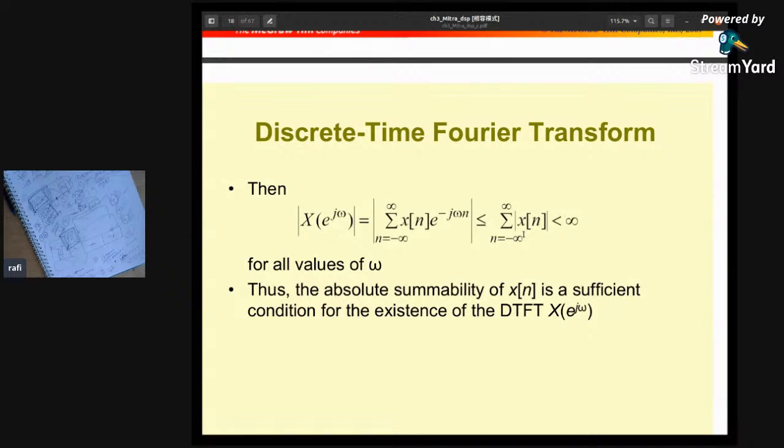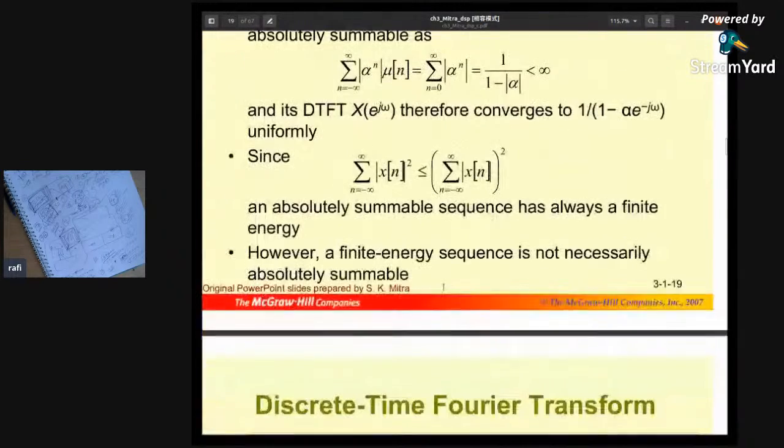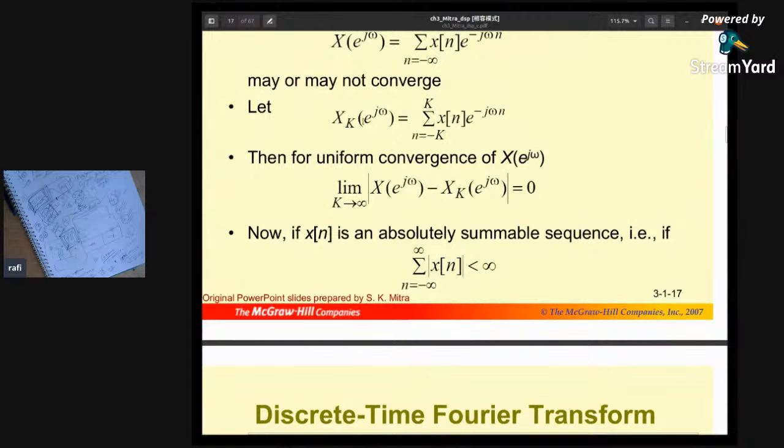Uniform convergence means that if you take only a finite number of samples instead of infinite samples, n from minus k to k, giving X_k of e power j omega, we call this the DTFT approximation of some order k.